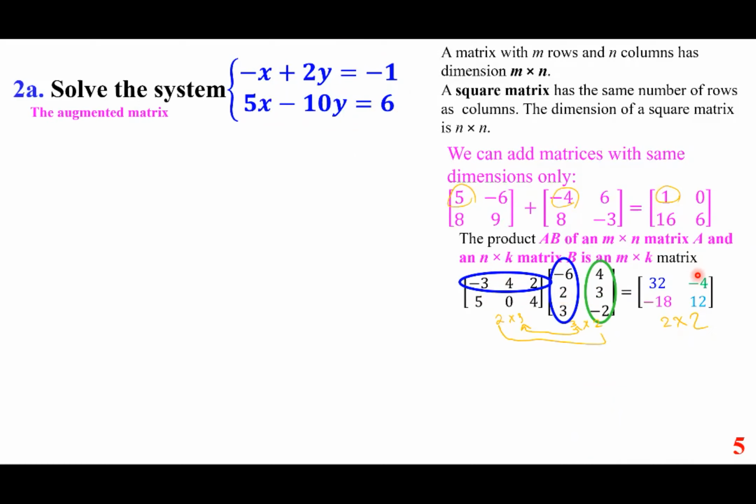So the augmented matrix is called. So minus 1, 5, 2, minus 10, and we have the last one, which is the result on the right side of the equation. And this is if we write it in this format, where the constant is on the other side. And by any chance, if any of them is missing, you have a 0 placeholder.